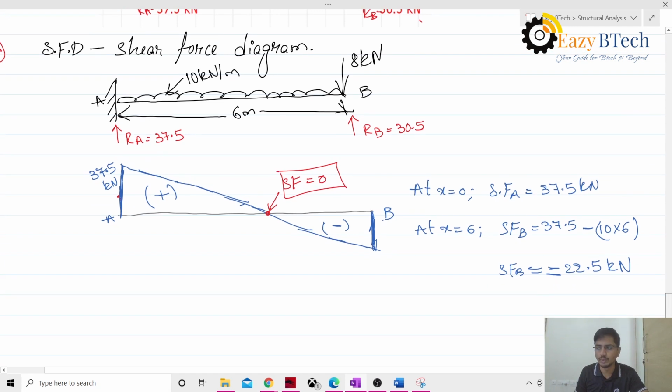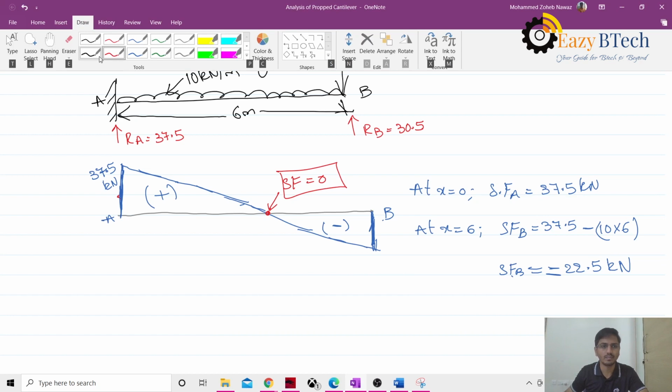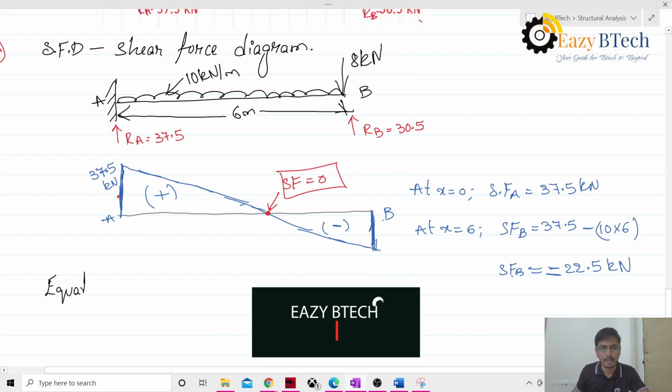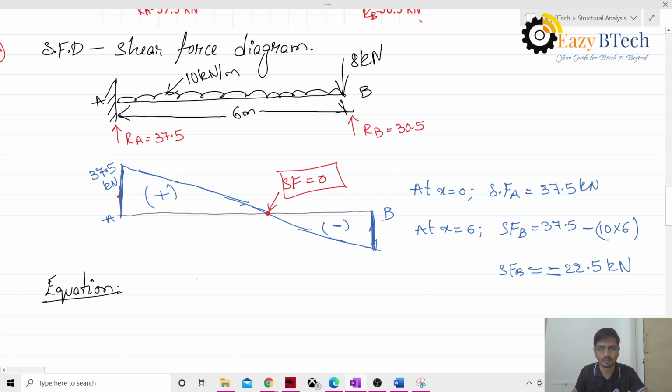So what we'll do is write the equation in the same form. How to do that? It is simple. So I'm writing the equation. We have 37.5 is reaction, we don't have it in terms of x, minus 10 into x.